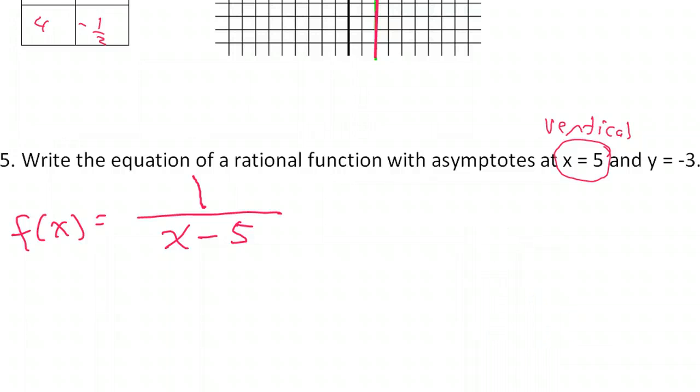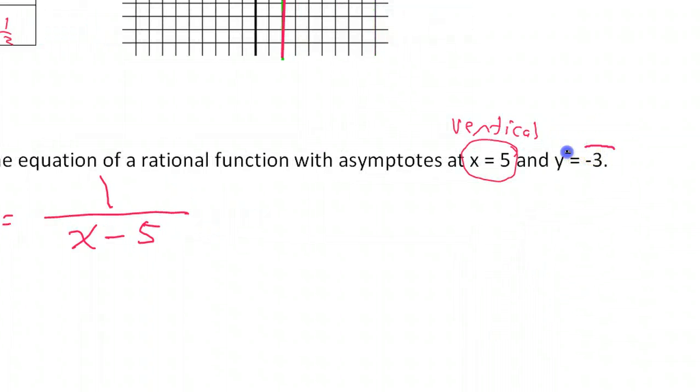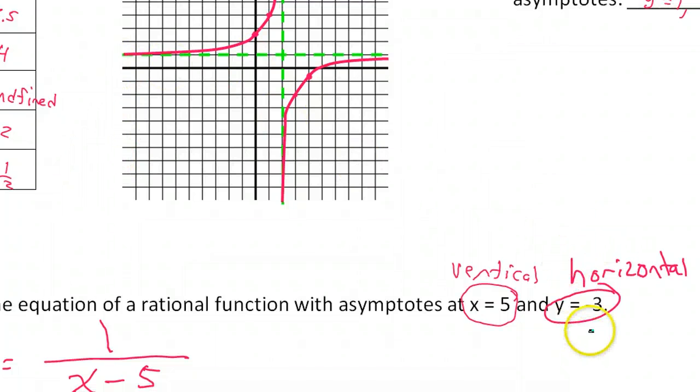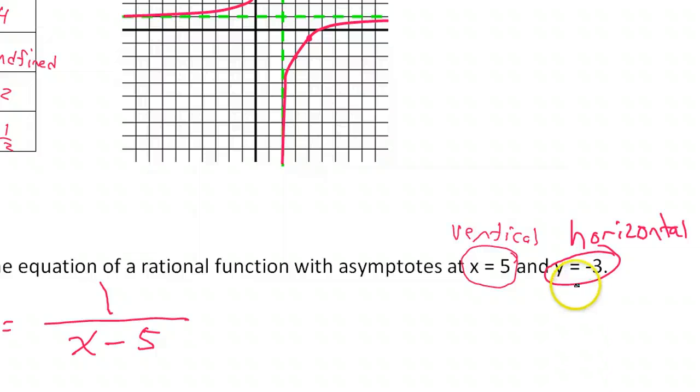Please understand that y equals negative 3, y equals a number, is a horizontal asymptote. The horizontal asymptote is usually at 0. So if I want it moved to negative 3, that's down 3.